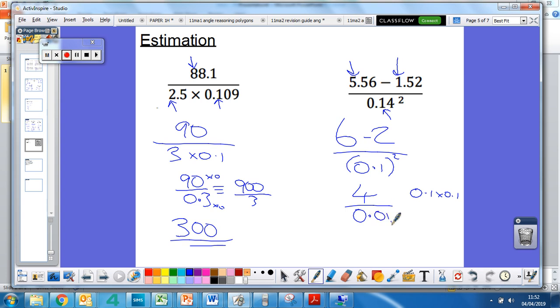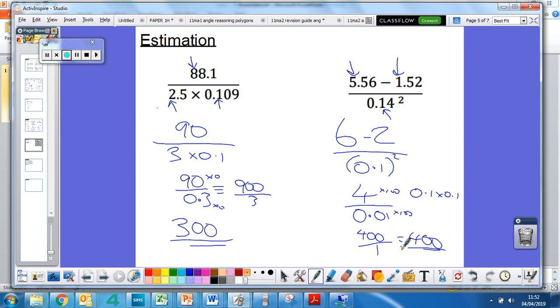Times by 100, Jordan. Top and bottom, absolutely, becomes 400. On the bottom becomes 1, and of course, 400 divided by 1 is 400. That is all of the calculations you might need to make.